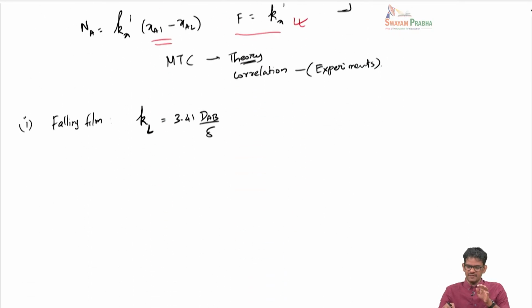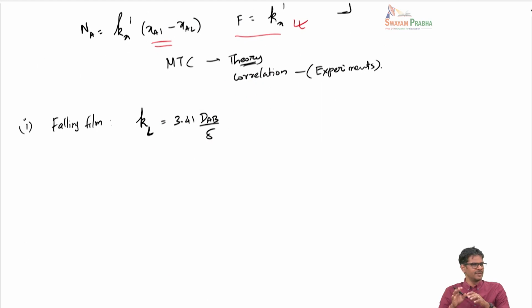So any correlations or mass transfer expressions would have an associated driving force from which they are calculated, so it is important to match that. In this particular case, for a falling film experiment, when we say KL, it means that the driving force was molar concentration, mole per liter or mole per meter cube.